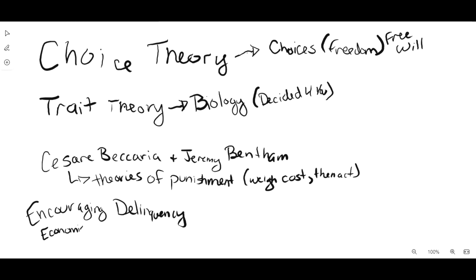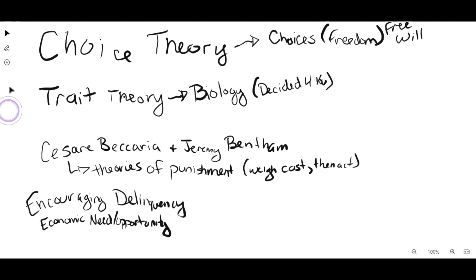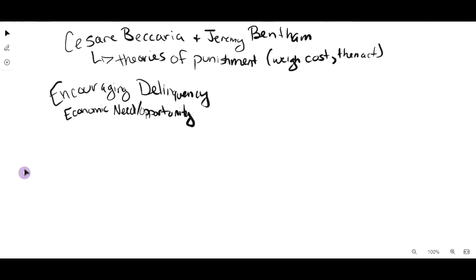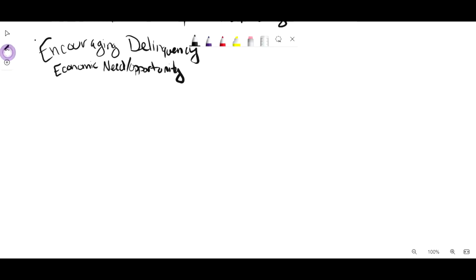I'm just going to start with the first one our text talks about because it's important. The first thing is economic need or opportunity. This is the ever-classic concept that the reason someone commits a crime is because they need the money, they're hungry, they need these kinds of things.